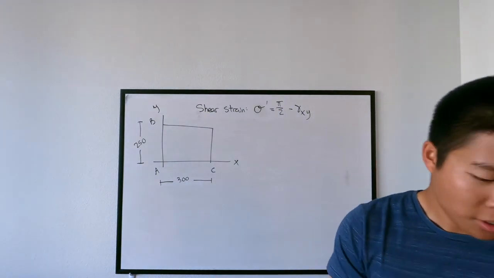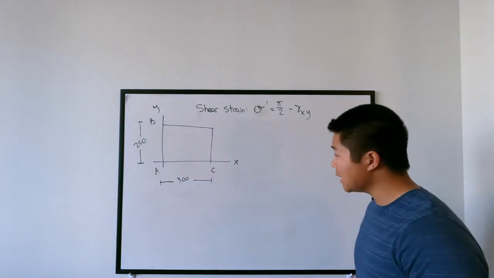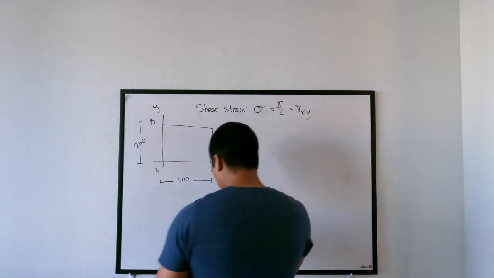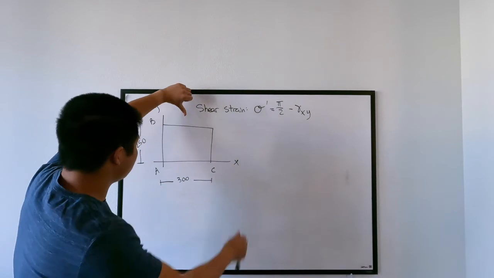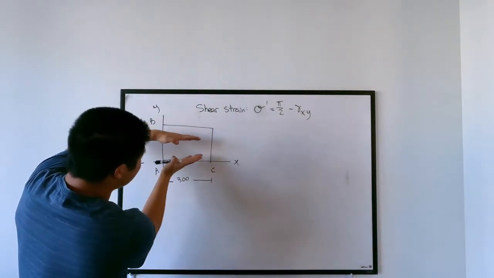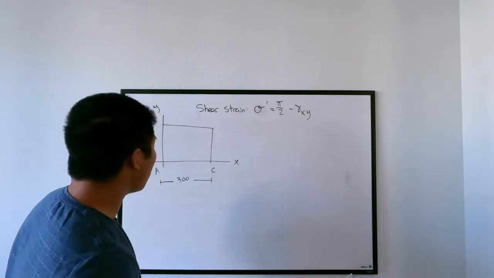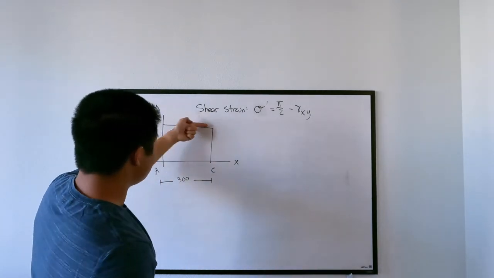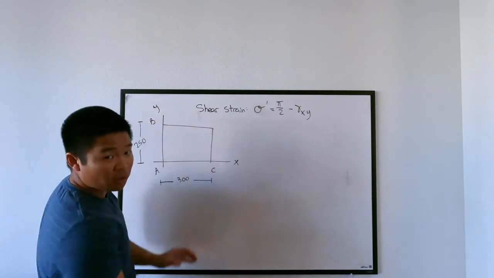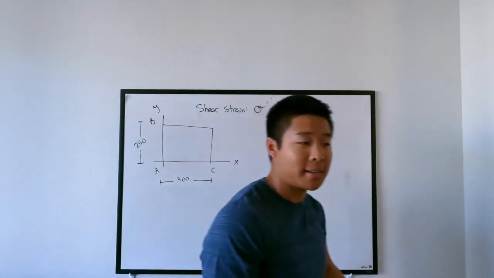Shear strain is the idea that if you have a material, normal strain would be like pressing it like this or like this and compressing it. Shear strain is what happens when you apply a force this way and it shears across like this. So let me show you an example.